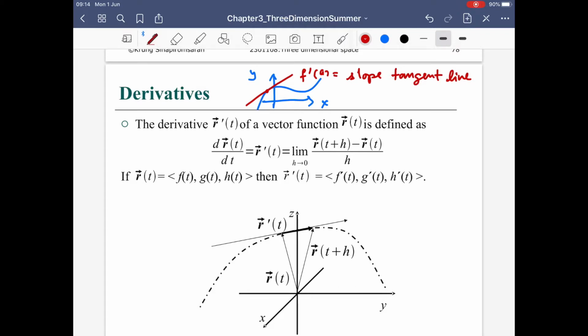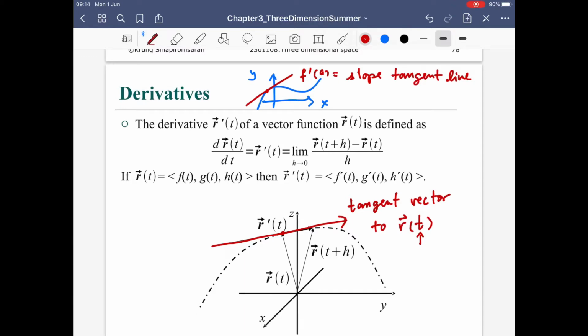So this is the same thing. The derivative at this point will be a tangent vector, instead of the line, a tangent vector to the curve r(t) at that particular point t that we consider.